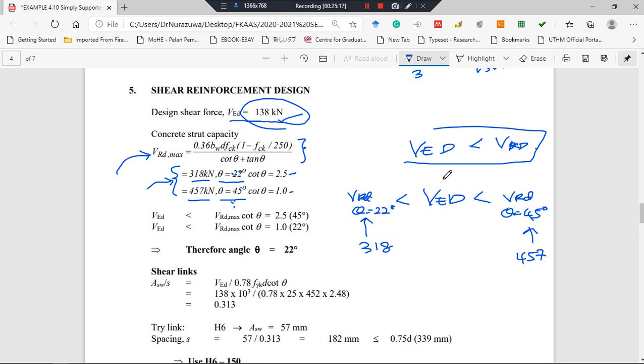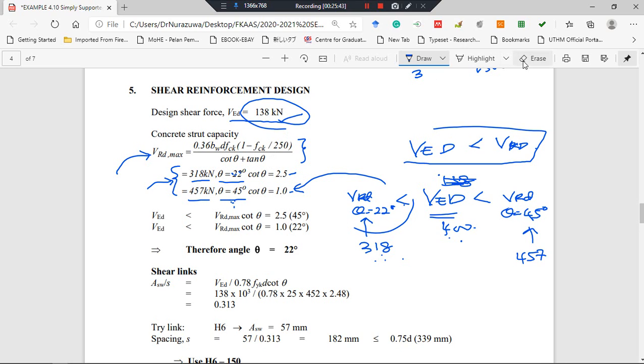Our VED is 138, thus this VED is less than this one. In situation number 1, if this VED is larger than 318, for example 400, then you need to use this one.